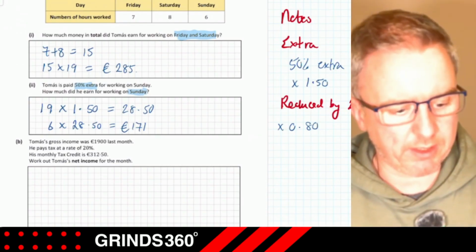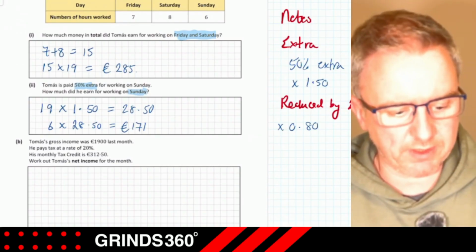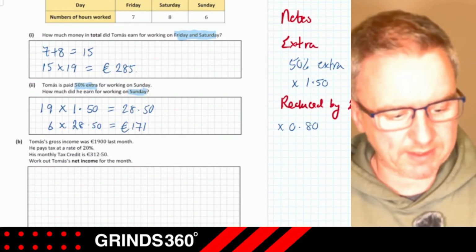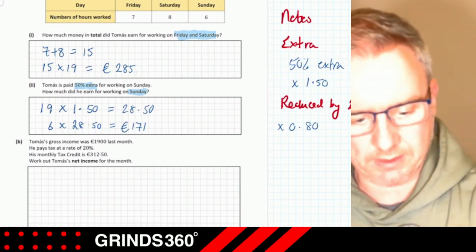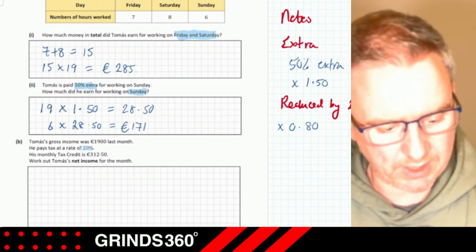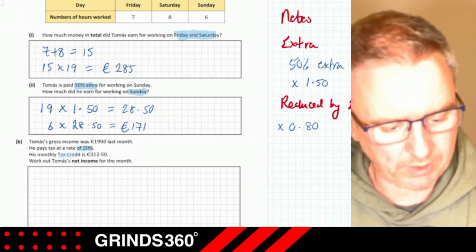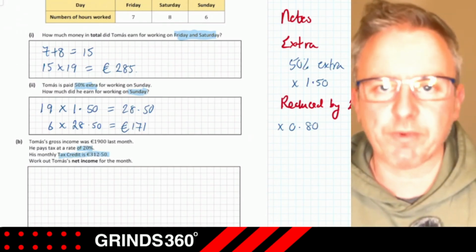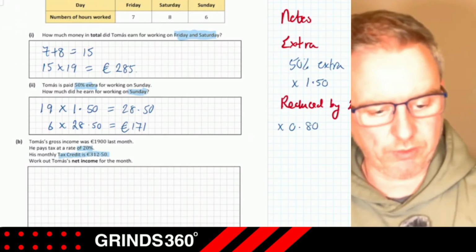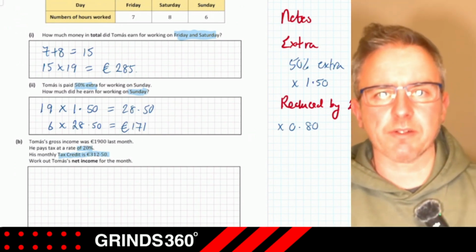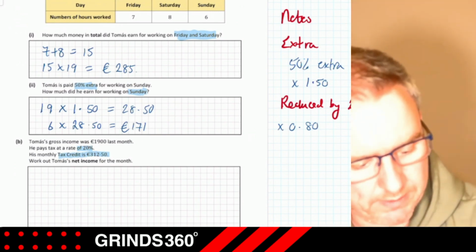So you come along here, and Tomas's gross income was 1,900 last month. He pays tax at a rate of 20%. So you're identifying what's going to happen here. So 20%, a tax credit of 31250, and we have to work out the net income. So the first thing you're going to do is get the gross tax, okay?